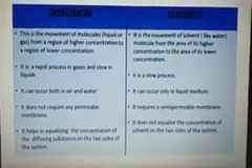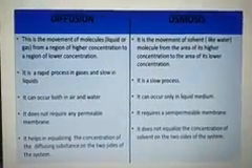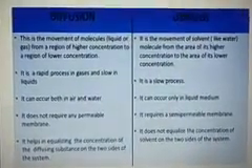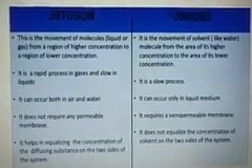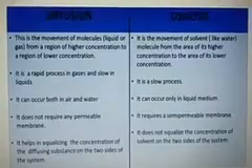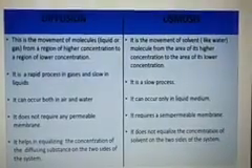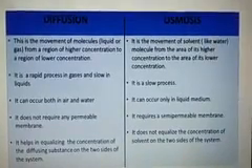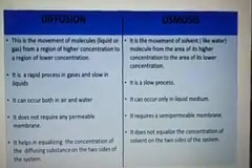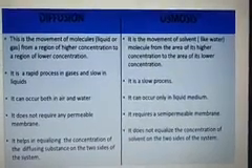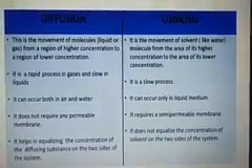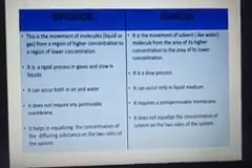So children, the basic difference between diffusion and osmosis is this. Diffusion is the movement of molecules, mainly liquid or gas, from a region of higher concentration to a region of lower concentration. Osmosis is the movement of mainly solvent like water molecules from the area of its higher concentration to the area of its lower concentration.